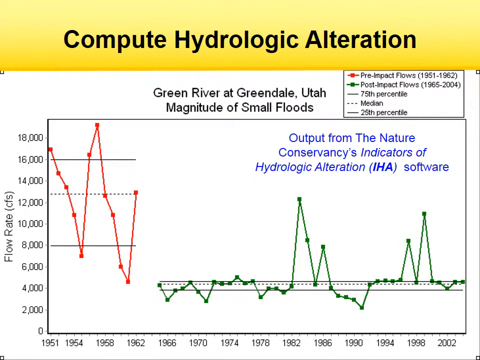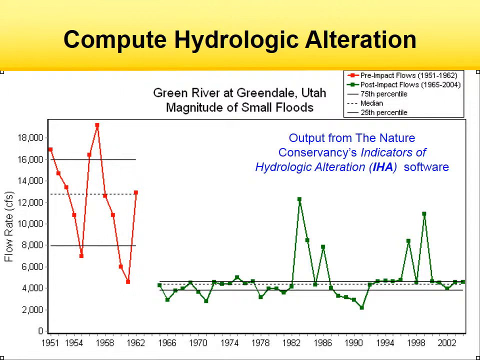And we can use indicators of hydrologic alteration to then compute hydrologic alteration river by river within each flow type in the same way. And here's an example for the magnitude of small floods for a particular river, which will be within a certain river type. And we can see here we've got discharge on the y-axis in cubic feet per second in this case. And on the bottom axis, we've got the stream flow time series. The red is the period before alteration.